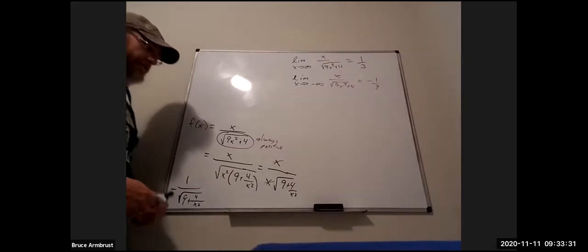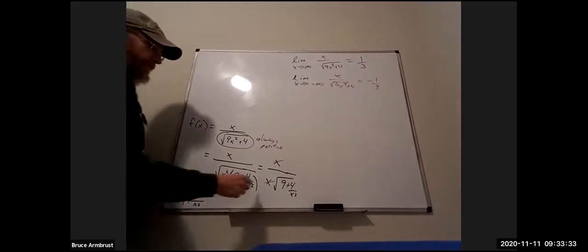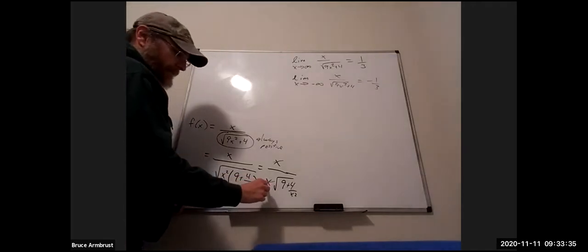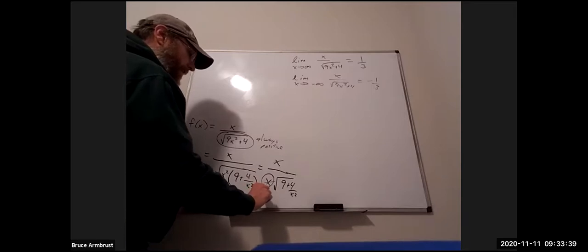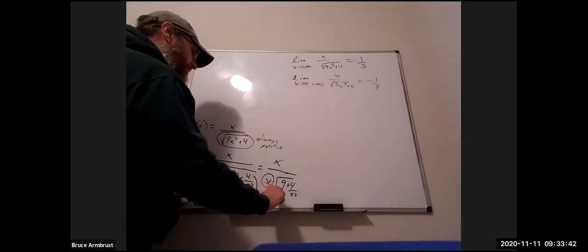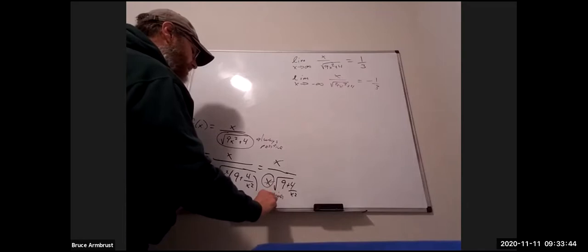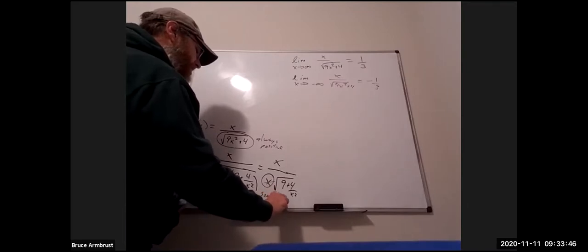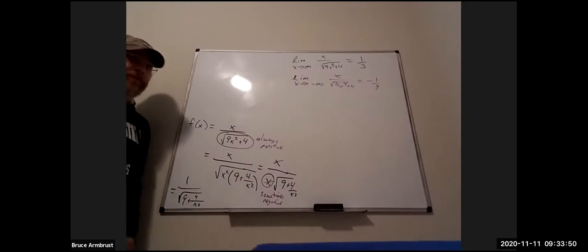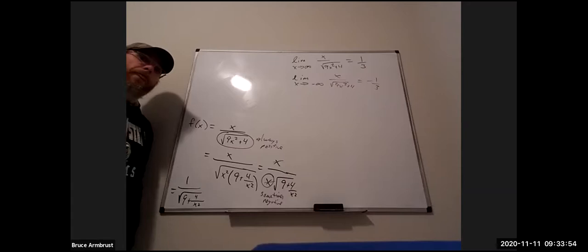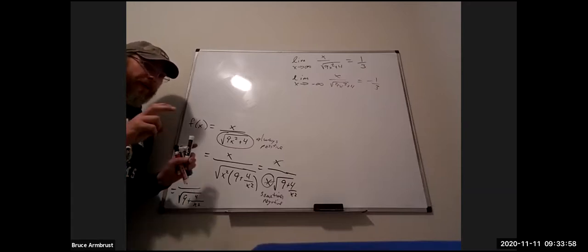When we factored out that x, when we got to this stage right here, this guy is sometimes negative. Right? x can be negative. But when we pulled it out of the square root, that's where the violation happened.